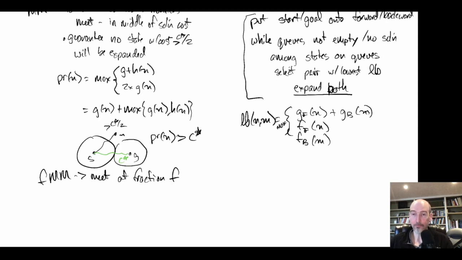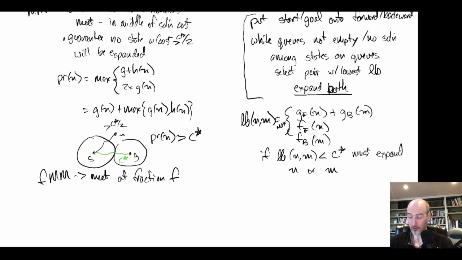And the idea is that if I have a pair of states for which the lower bound is less than C star, LB of N comma M is less than C star, we must expand N or M. So the idea is, we've got these pairs.